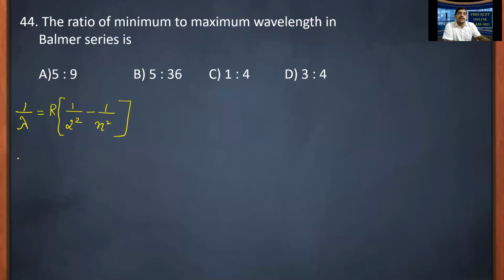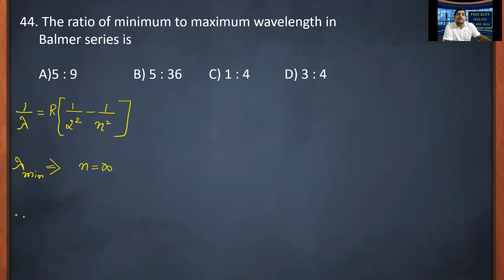Now, if we want to get the lambda minimum, the photon should possess the maximum energy, when the maximum value of n is. So for lambda minimum, n is equal to how much? n is equal to infinity.